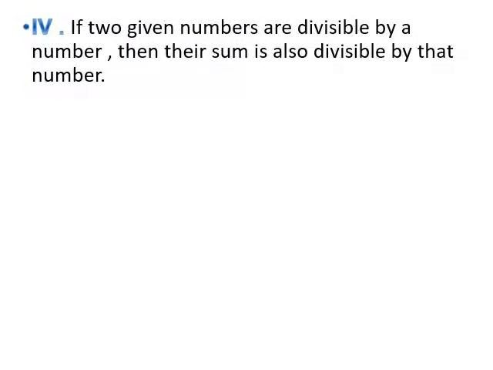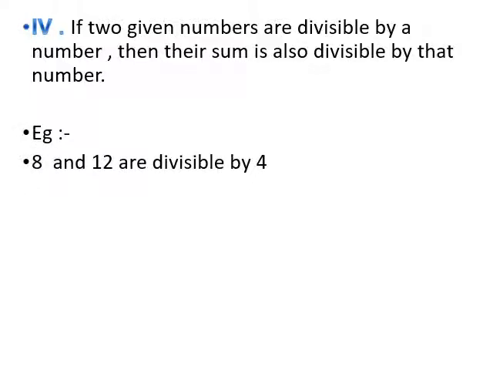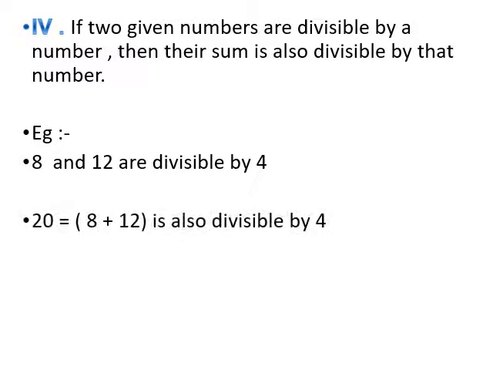Now if two given numbers are divisible by a number, then their sum is also divisible by that number. See the example. Here 8 and 12 are divisible by 4. So if you take the sum of these two numbers, that is 20, and 20 is also divisible by 4.